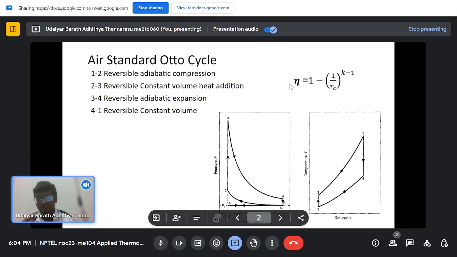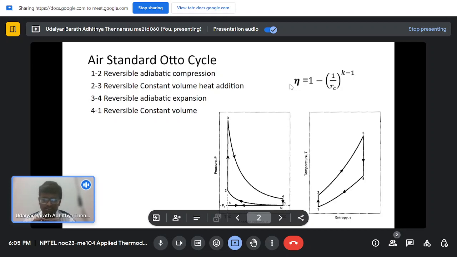In the actual cycle, during the exhaust process, the gases are at higher temperature and higher enthalpy. While the exhaust gas goes out, it takes some part of the energy, which is synonymous to heat rejection. So in the air standard cycle, we assume that some heat is being rejected.